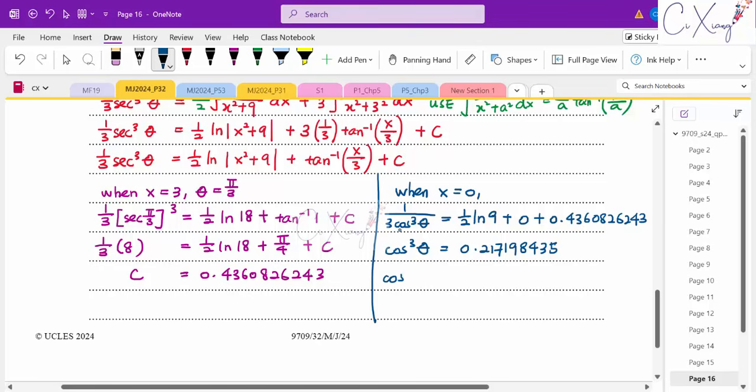Then of course, I need to take the cube root to get the value of cos theta. When I press the calculator, I'll be having 0.60110766161. Rounded to 3 significant figures, it should be 0.601.